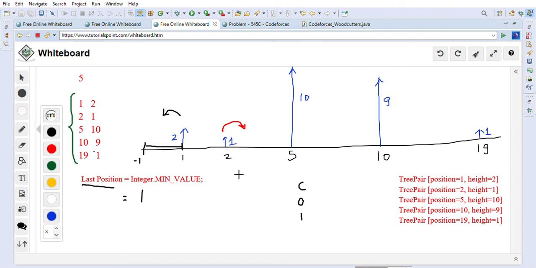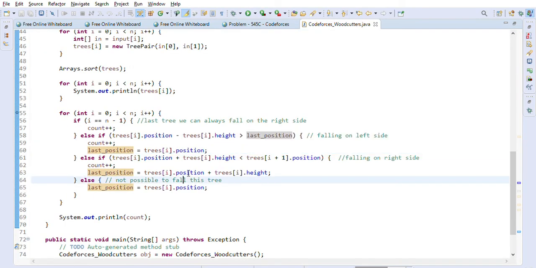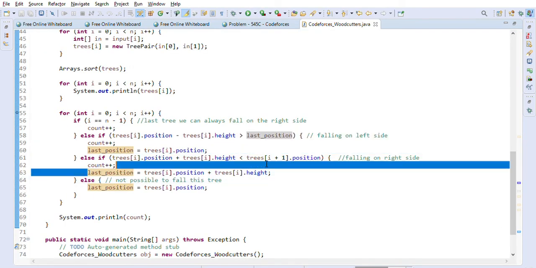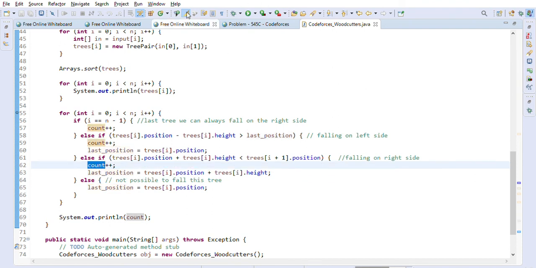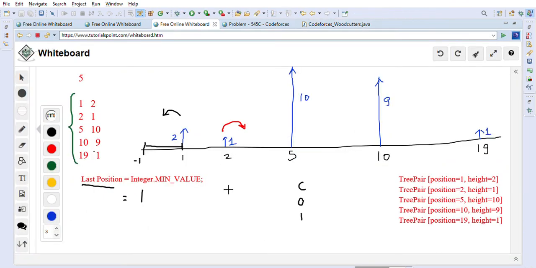When we are falling it on the right side, 2 plus 1 becomes 3, and that is the last position, right? Tree of i position plus height means 3 basically, and the count we will increase, right? So last position will become 3 here, correct?